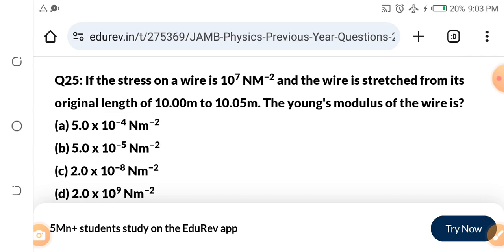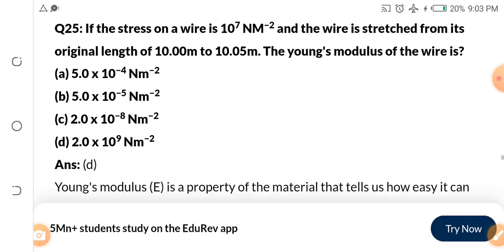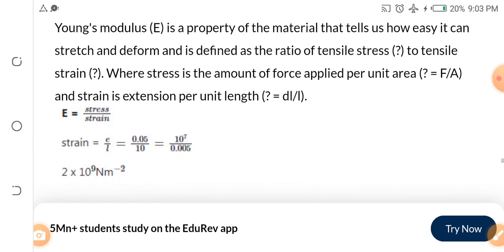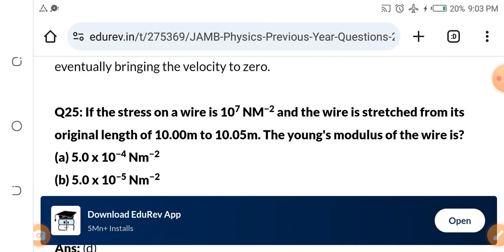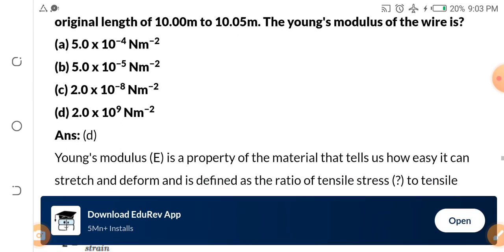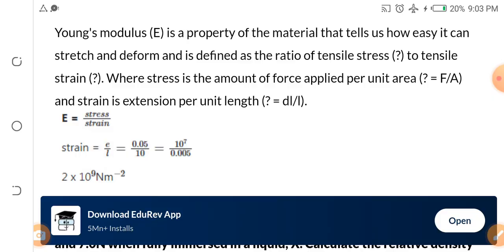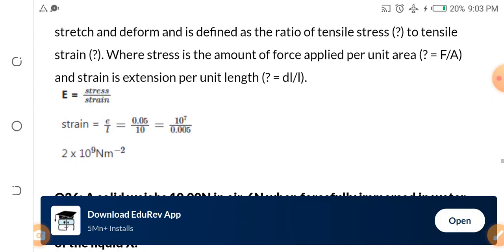The difference in their length is 10.05 minus 10.00, which will give you 0.05. Then the length of the wire itself: the original length of the wire is 10 meters before the stress. So when you just type, you will get the answer.